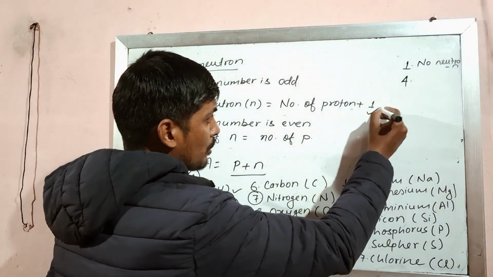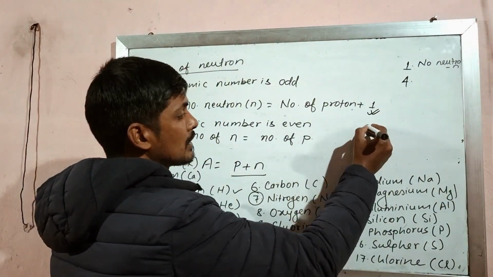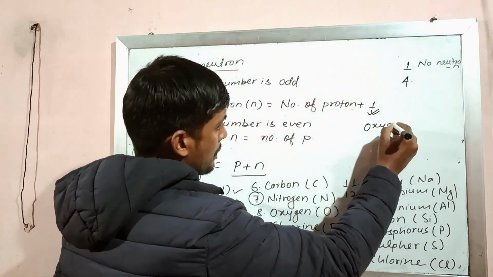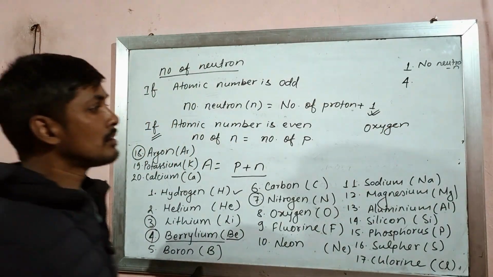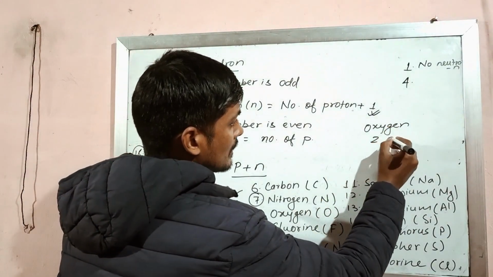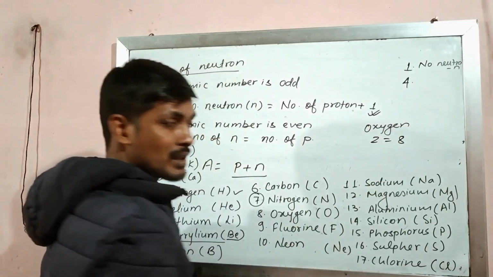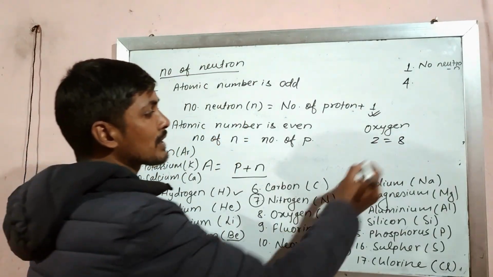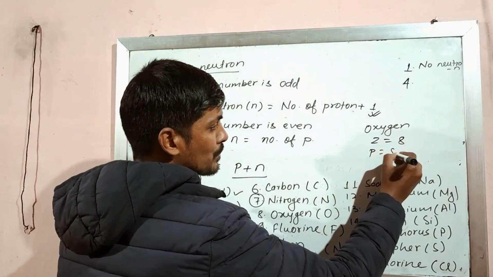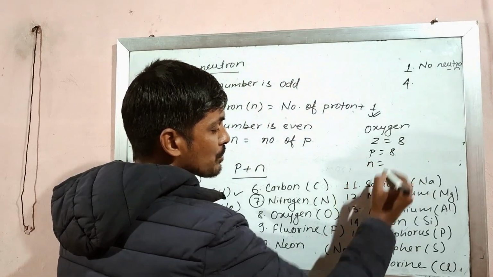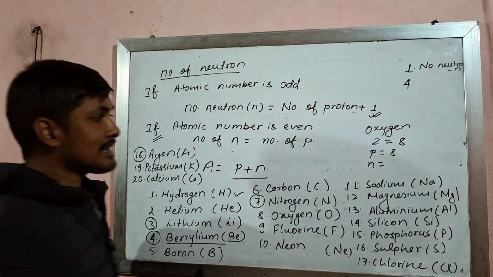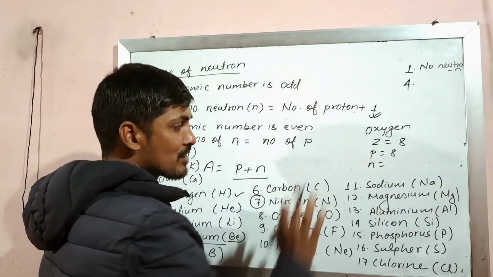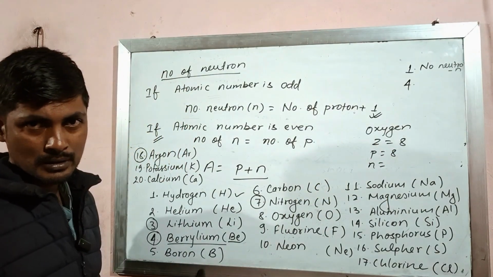Now, if we talk about oxygen, what is the atomic number of oxygen? It is 8. It means how many proton are there? 8 proton. Then how many neutron there should be? First of all, we have to see this 8 is odd number or even number.